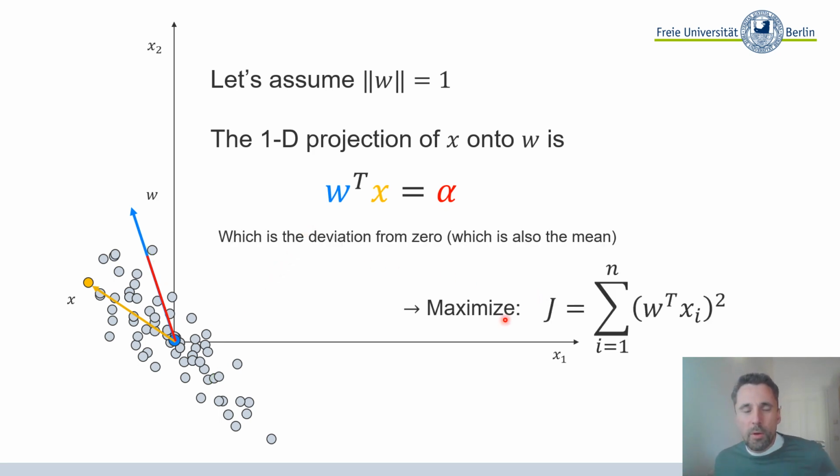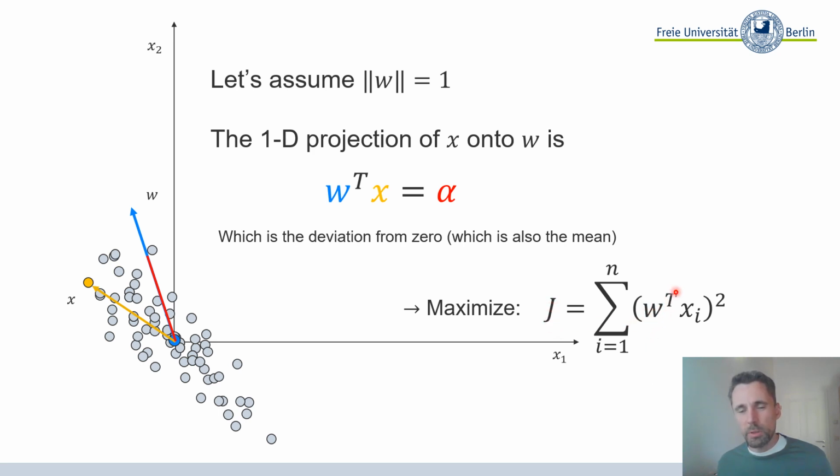So what we really want to do is find this W, and that's probably not the one that you see here. That's not the one we are looking for, because it's not the direction in which the data has maximum variance. So we want to find a W that maximizes this objective.